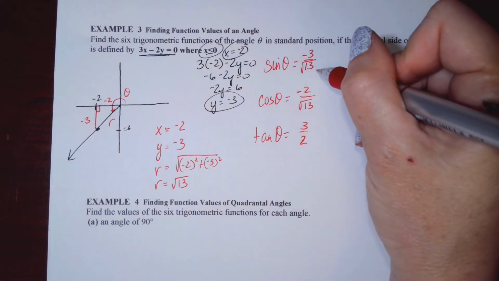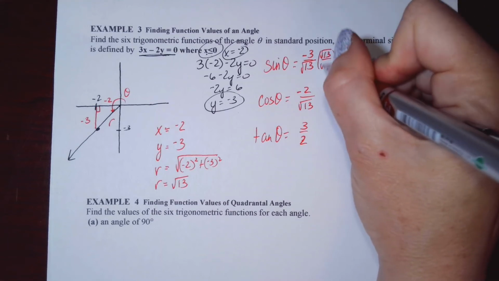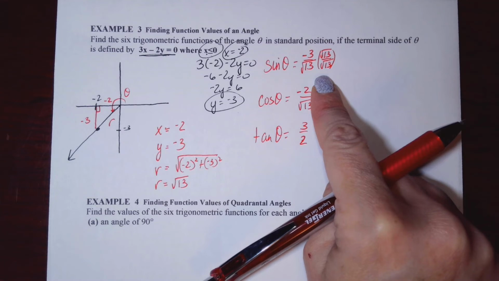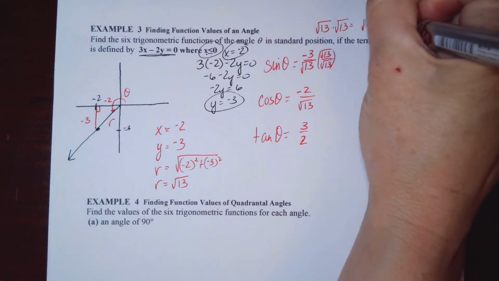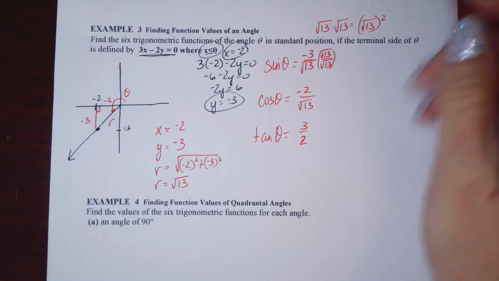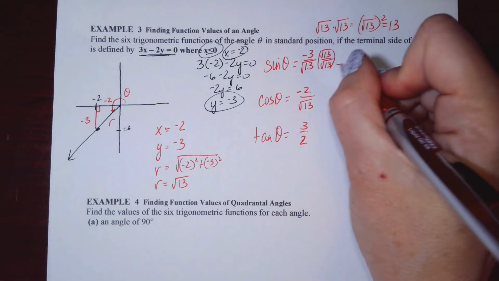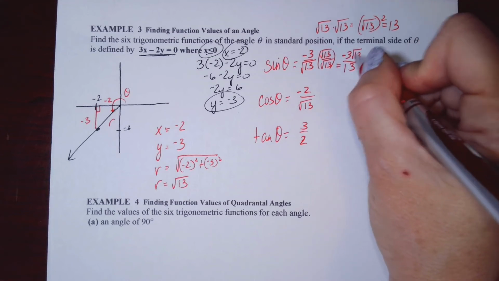I don't leave that radical in my denominator. To rationalize a denominator, I multiply square root times square root, gives me that square root squared. So think about that. Square root 13 times square root 13 is square root 13 squared. And that square and that square root cancel out and just leave me with 13. So my denominator is 13. My numerator becomes -3 square root 13.